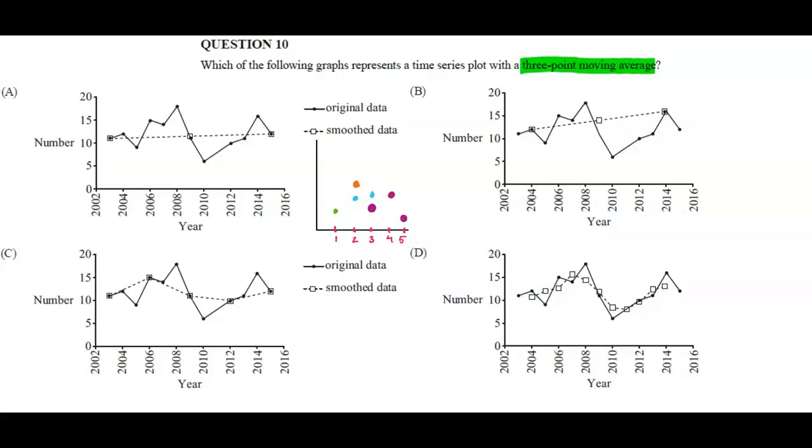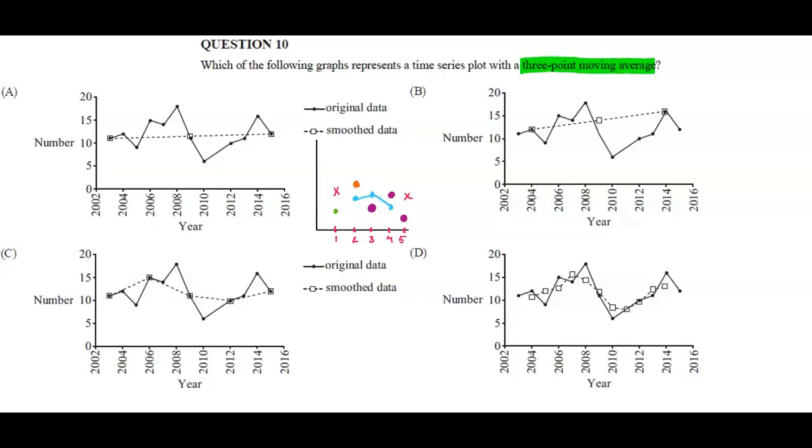I would add those together, divide them by 3, and write my answer in position 4, making myself a 3-point moving average. So the key things to note here, guys, is when I made my 3-point moving average, there is nothing in position 1 and there is nothing in position 5.